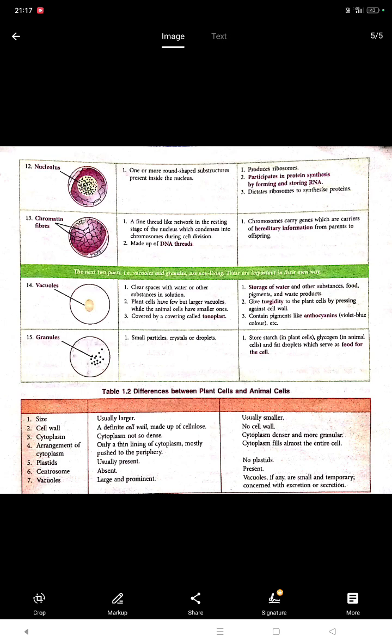Next, the next two parts, vacuoles and granules, are non-living. They are important in their own way. Vacuole: clear spaces with water or other substances in solution.